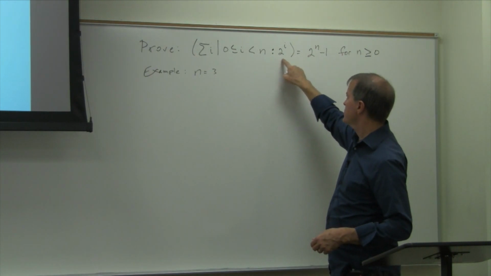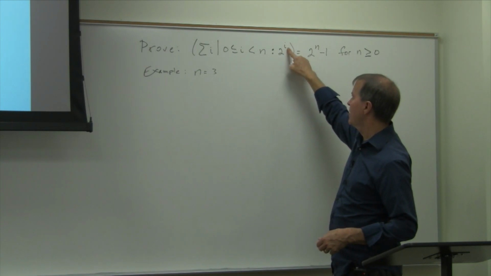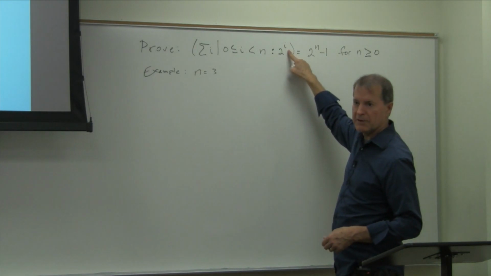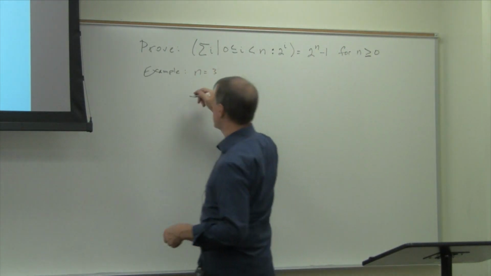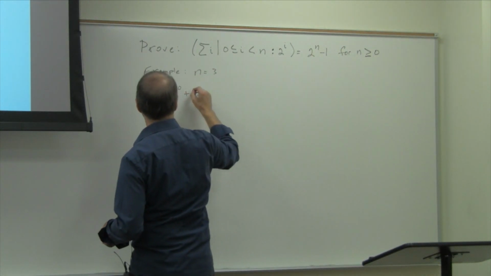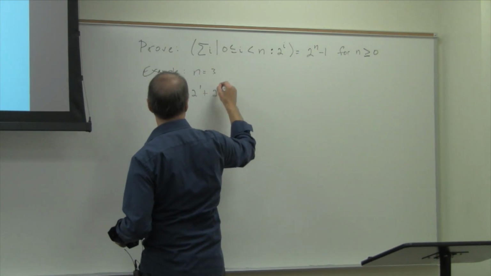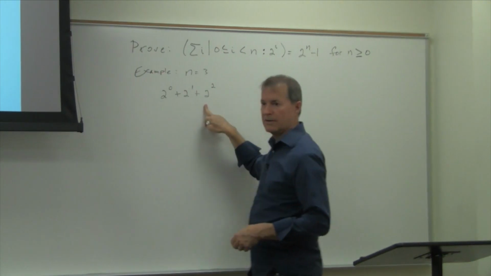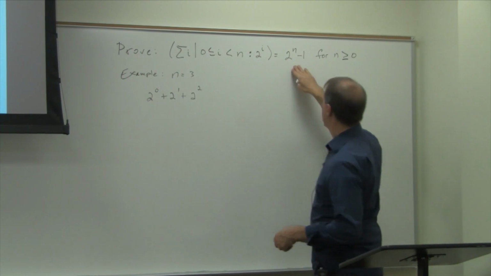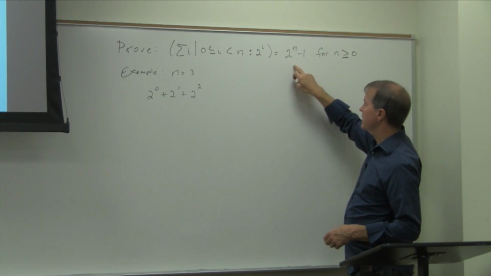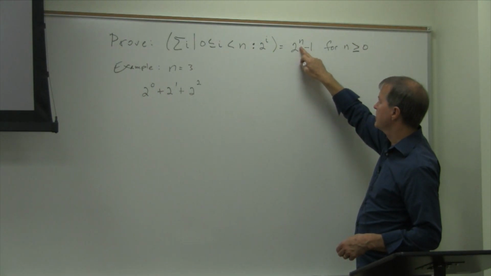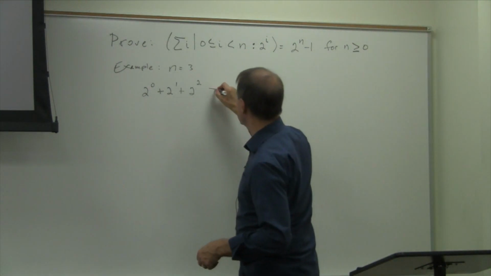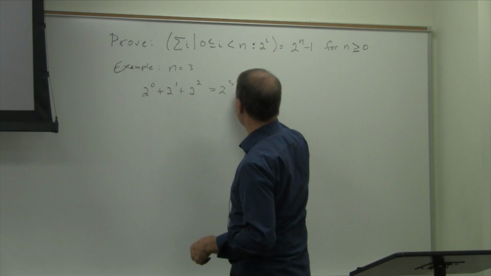So this would be 2 to the 0, 2 to the 1, 2 to the 2. And what is this operation? Addition. So it's 2 to the 0 plus 2 to the 1 plus 2 to the 2, right? And if n is 3, we are claiming that this is 2 to the 3 minus 1.